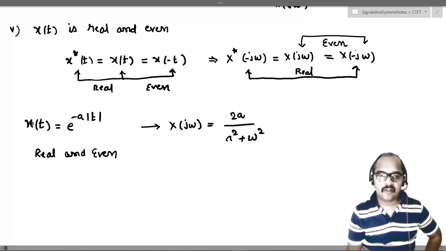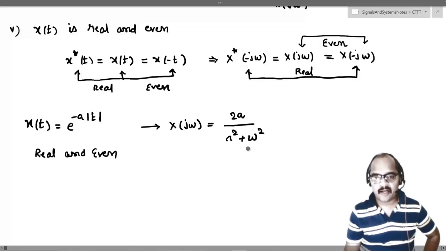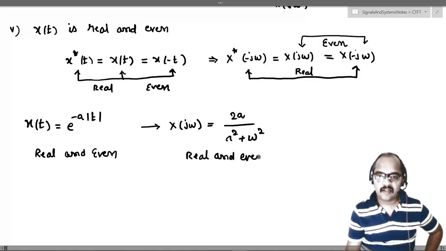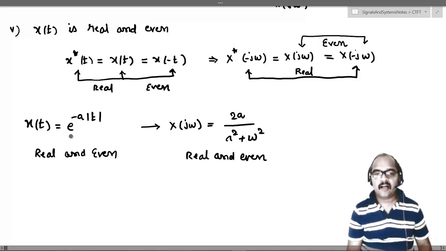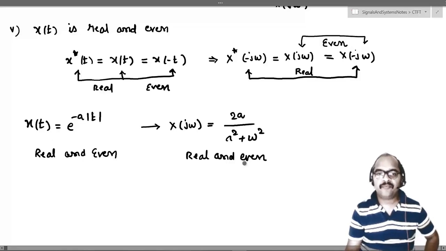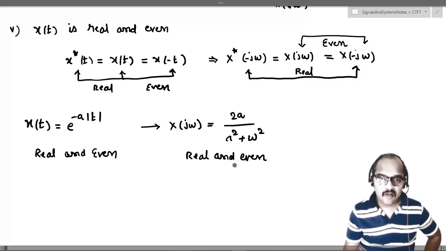If you take the conjugation of x star of t, you get back x of t, and if you replace t with minus t, again you get x of t. So the function x of t is real and even. So what happens here? What is x star of j omega? You'll get 2a by a square plus omega square, and x of minus j omega is the same as x of j omega, and hence we say the Fourier transform is also real and even. So if the signal x of t is real and even, then the Fourier transform is also real and even.